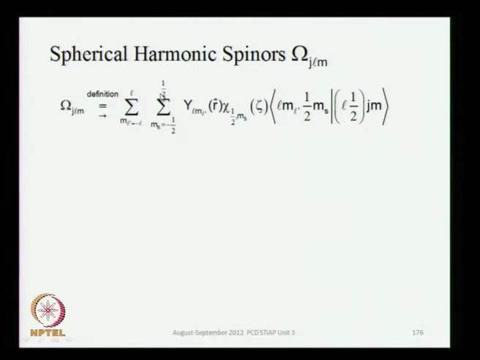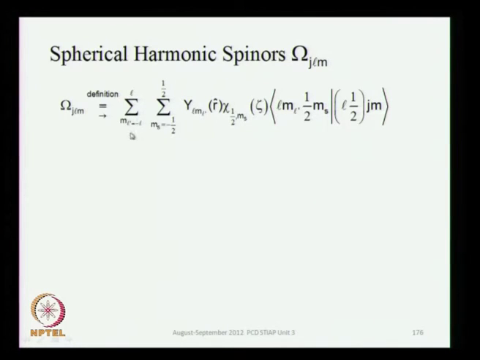So, you have a double sum now, ms going from minus half to plus half, and ml prime I have used, which will go from minus L to plus L, but you know that the Clebsch-Gordon coefficient would vanish unless this m is equal to ml prime plus ms, right.